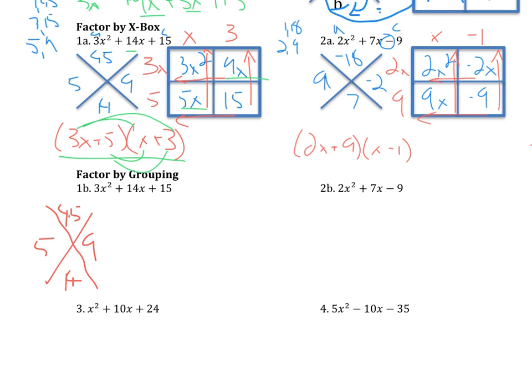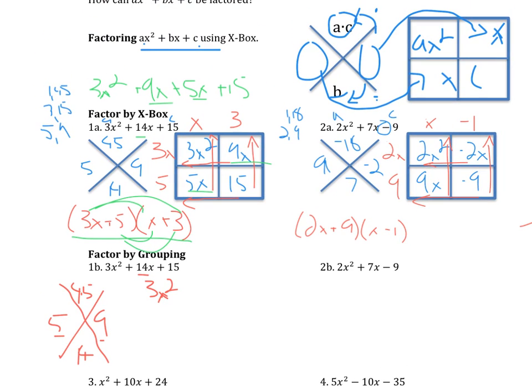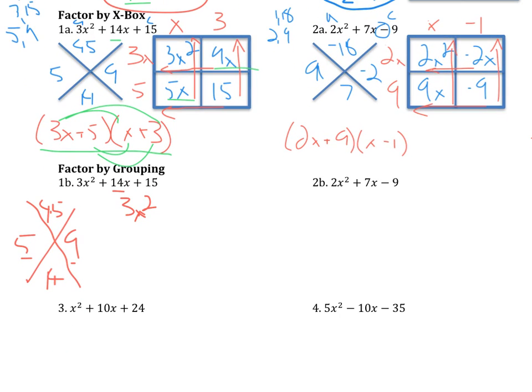So then what happens is we still have our 3x squared. But now our 14 is made up of those two terms, like we saw up here when we multiplied it out. So then I get a plus 9x plus a 5x and then plus 15.